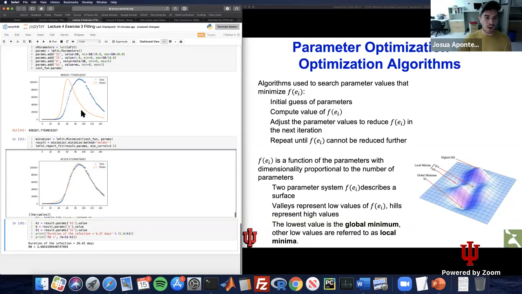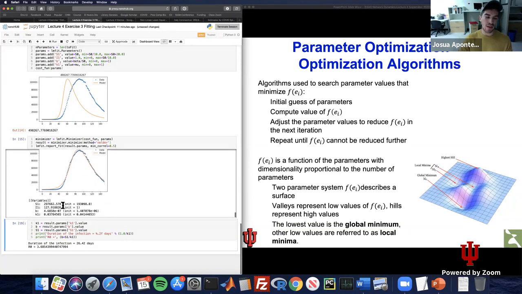Right. So once it finishes, now we can compare what the model prediction was with our initial guesses of the parameters, and what our model prediction is after running the fitting algorithm. Okay.